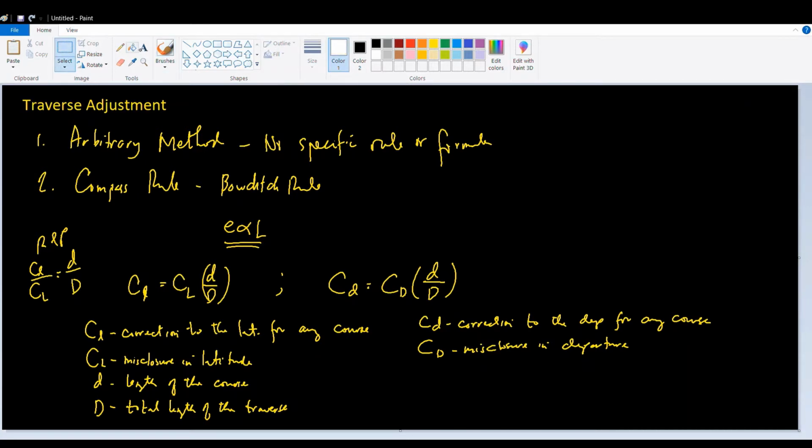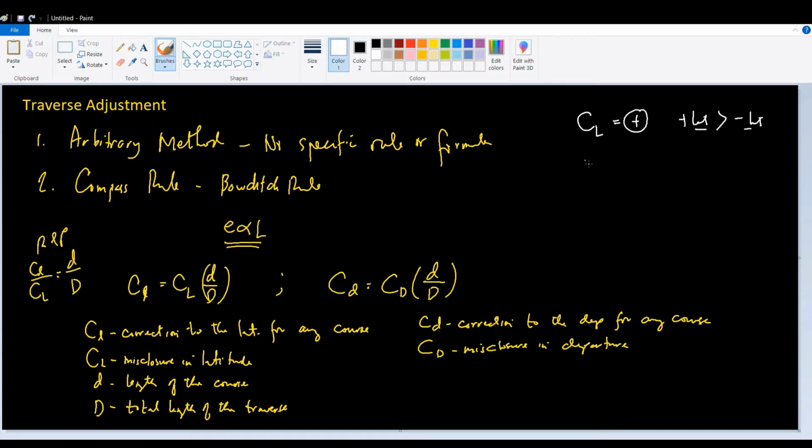After we have calculated the individual corrections for the latitudes and the departures, how do we then apply these corrections? For example, your misclosure in latitude is positive. This indicates that there are more positive latitudes than there are negative latitudes.